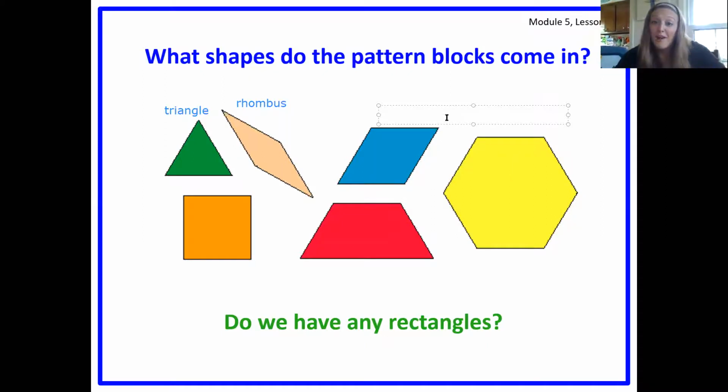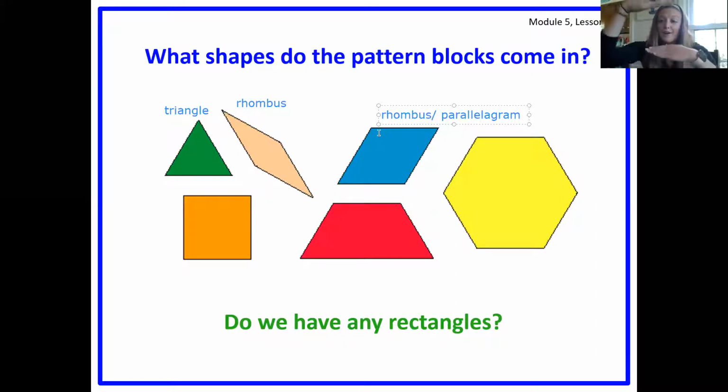This is also a rhombus, or we could call it a parallelogram. That's a parallelogram, okay? It has 2 sets of parallel lines. It is not a square because they're not square corners. It's not a rectangle, it's not square corners, but there are 2 sets of parallel, or equal distance apart, lines, okay?